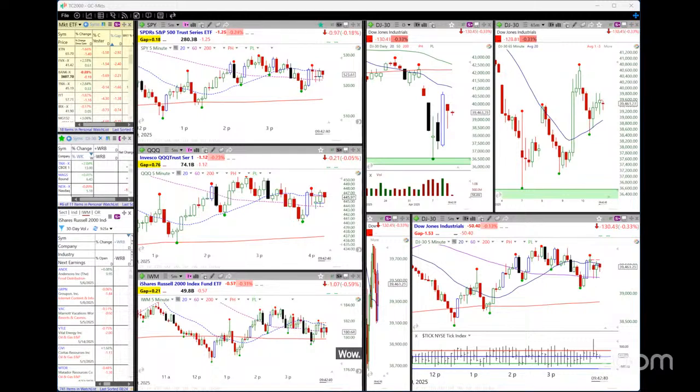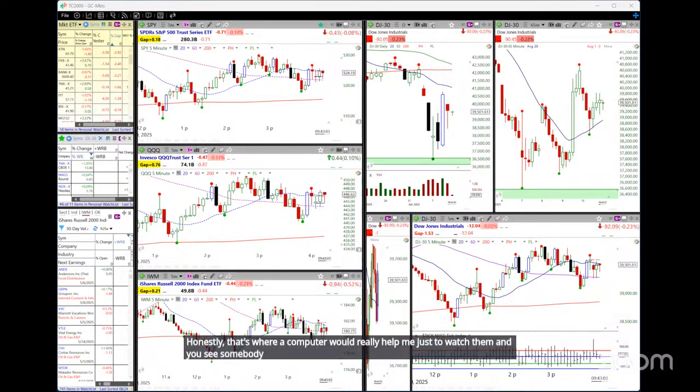What kind of premium is there? That's like crazy far. Well, it's a spread, is the problem. So I'm going low offer. See, that's where a computer would really help me, just to watch them and you see somebody put up a high bid and you pop it.